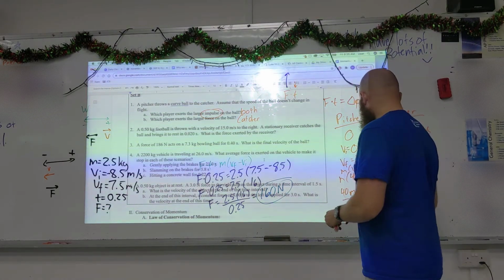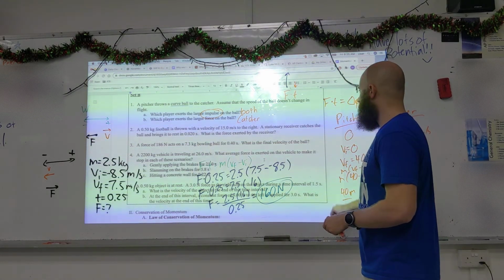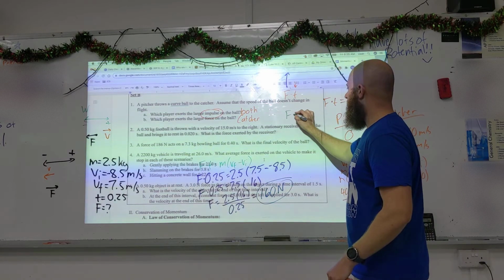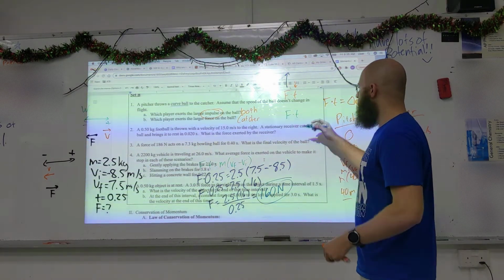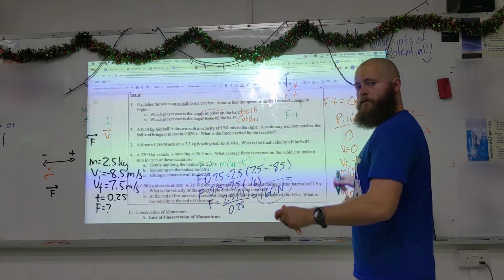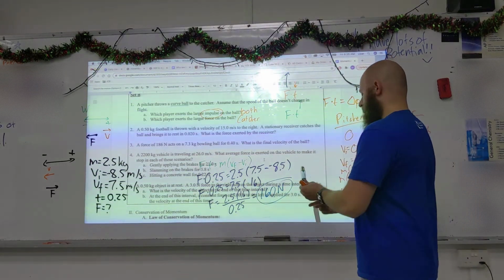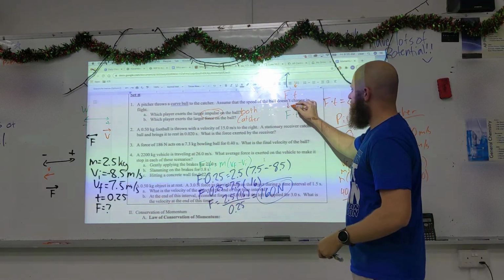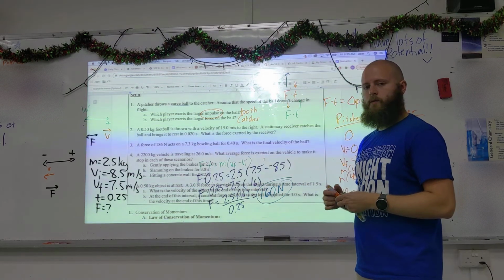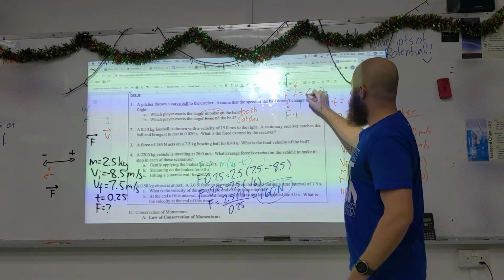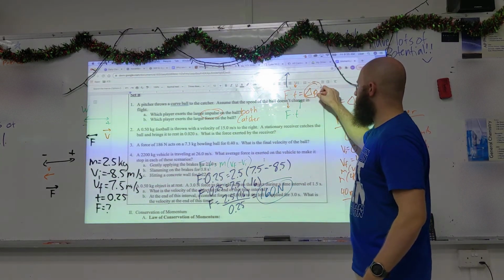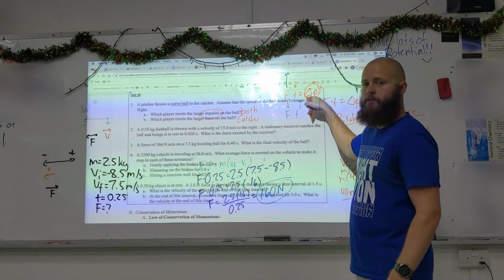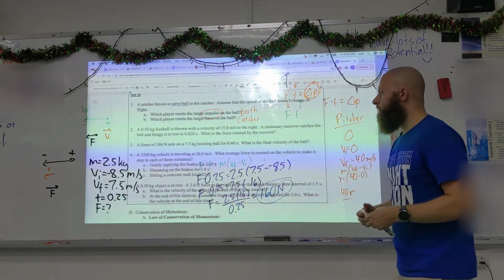Whereas for the pitcher, I have the same setup, F times t, and his time is pretty long. It takes a little bit of time to throw a ball, which means his force will be less. Remember, both of these equal the same number. This impulse, this change in momentum, is the same for both.